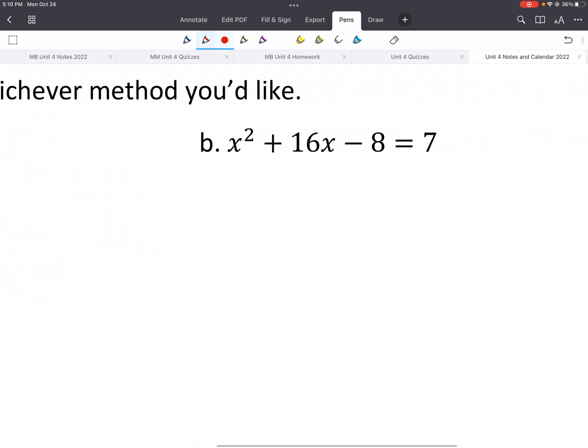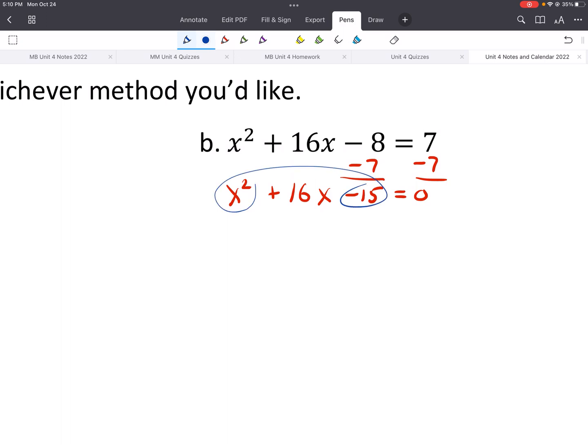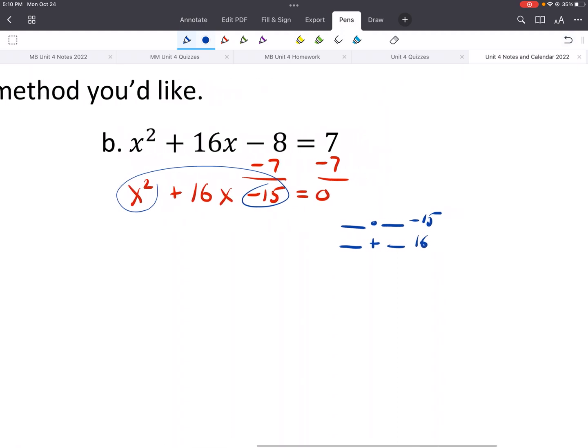Alright, so here's another example. Make sure we get everything on one side, so that would give us negative 15. Okay, and then let's see, can we factor here? So let's try. Is there something that multiplies to negative 15 and can add or subtract to give us 16? And this is one a lot of people struggle with or forget, is the factor pair of 1 and 15.